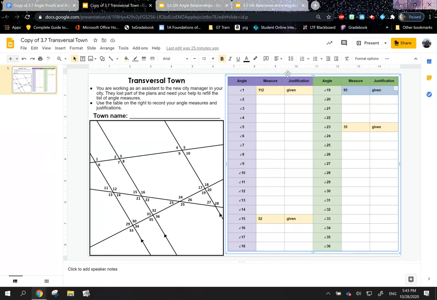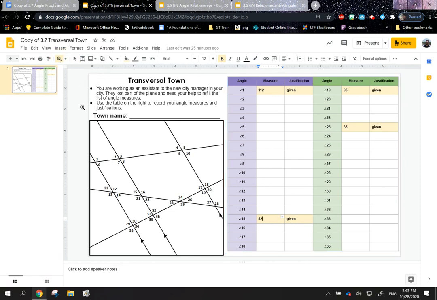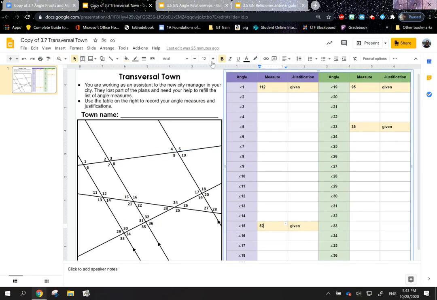So you can start this off whichever way you want, but what I would recommend is to start by identifying these angles first. And you can use a text box if you want. In fact, I'm going to zoom in a little bit more so I can see. And for example, number 1, the angle measure is 112.